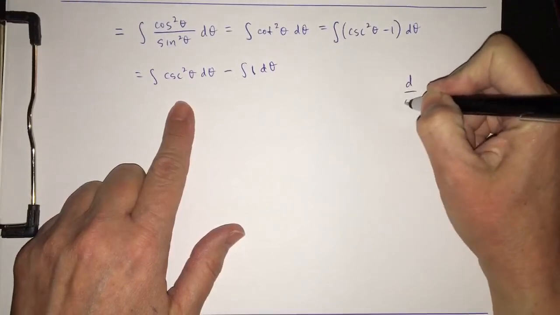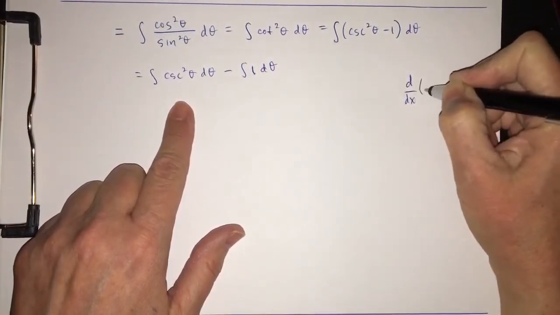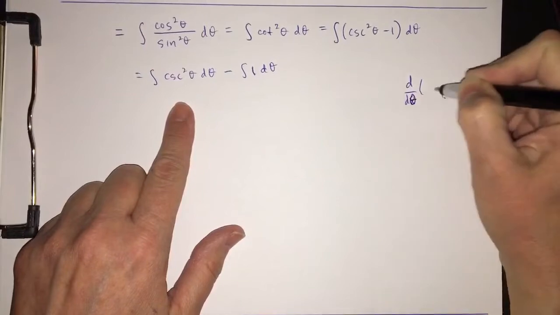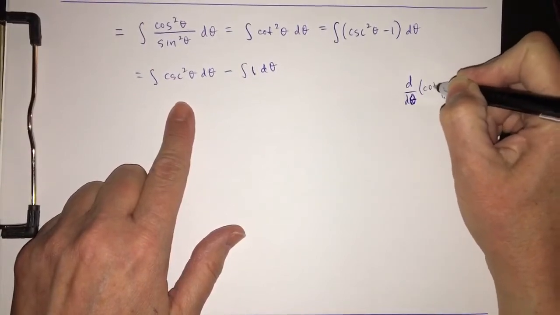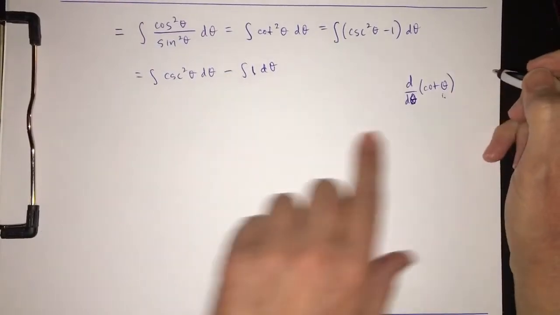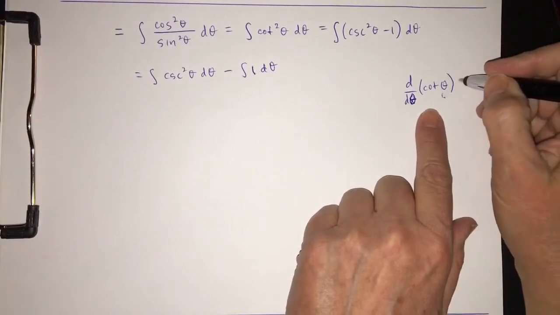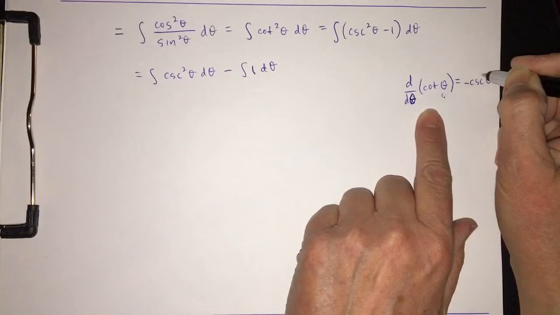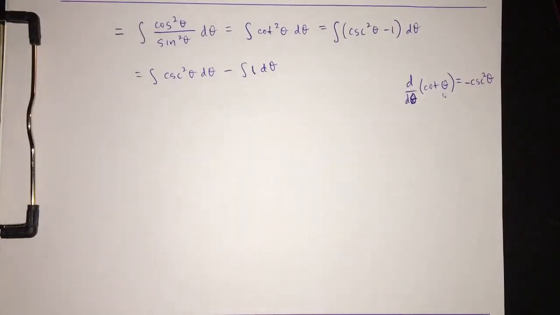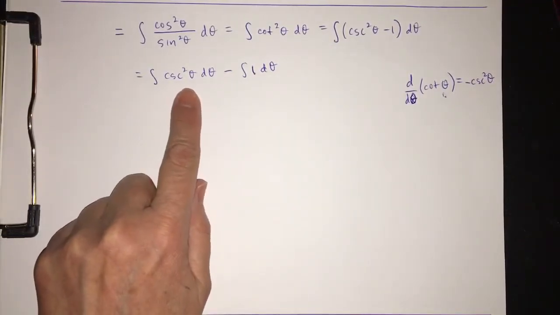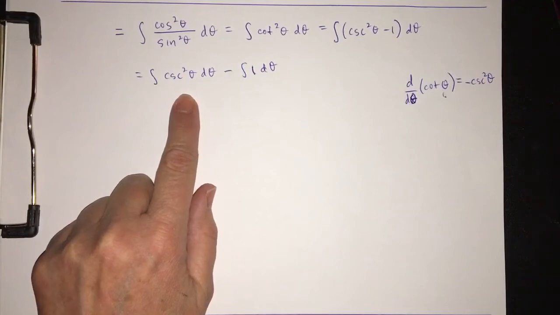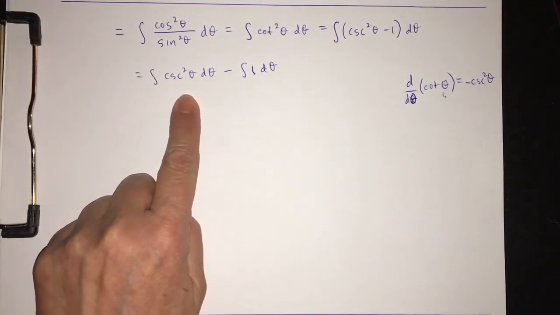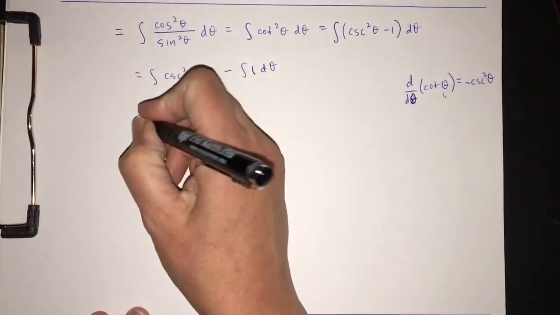I'm going to write this on the side just to have it here. The derivative of cotangent theta is negative cosecant squared theta. So if I have the integral of cosecant squared theta, that's going to be negative cotangent theta.